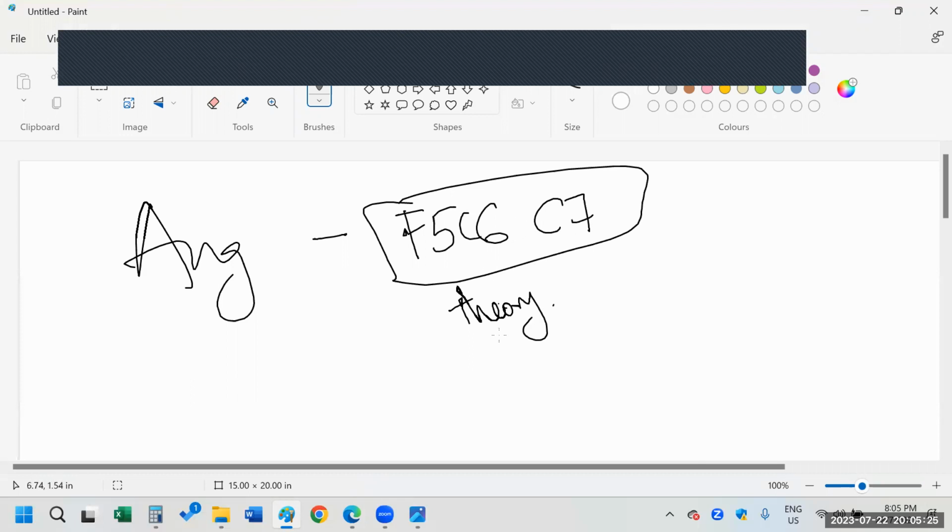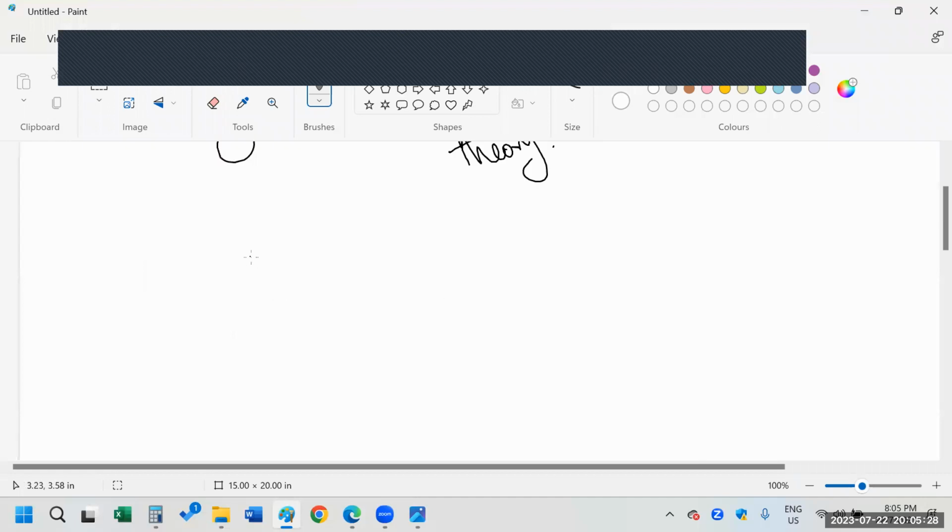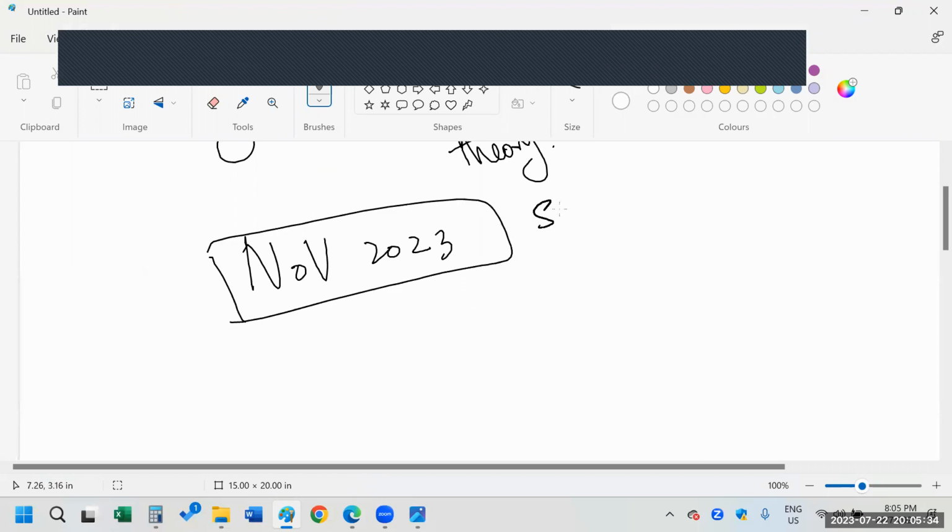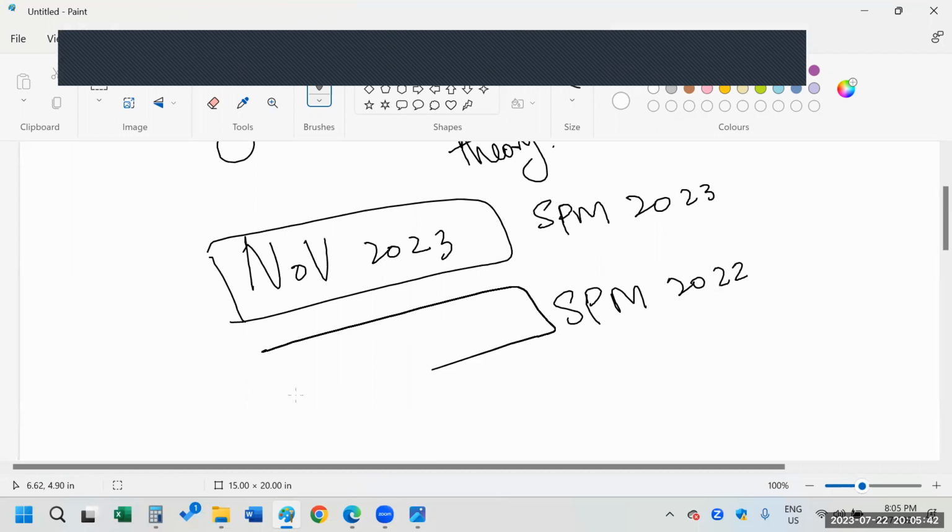Why? Because your trial will be on November. You are SPM 2023. Then you know what? Your senior SPM 2020, they have their trial on January 2023. Means what? Means you already short.